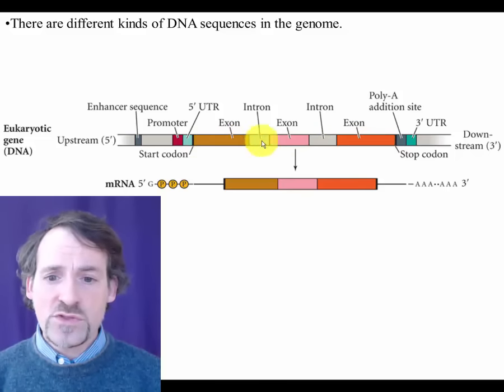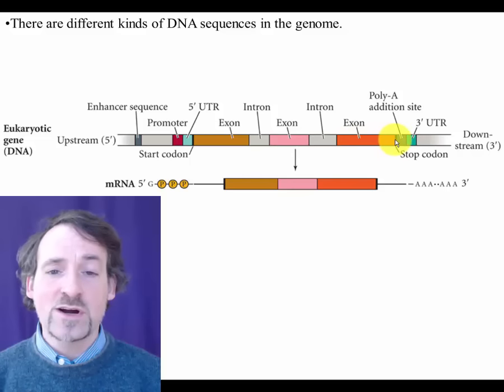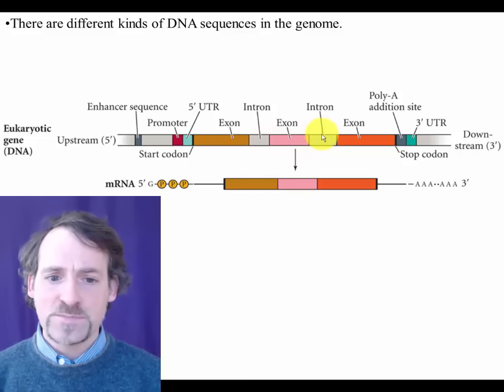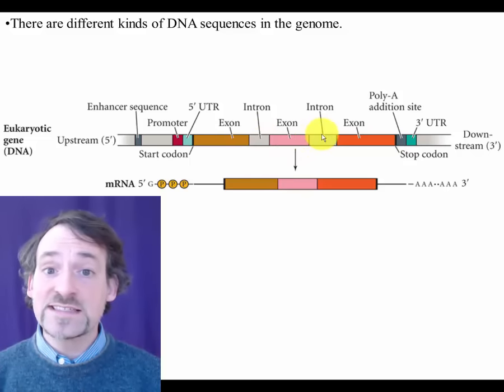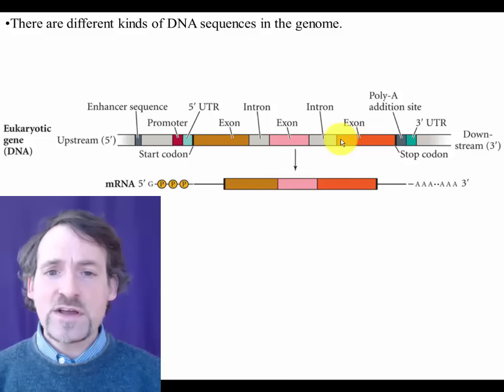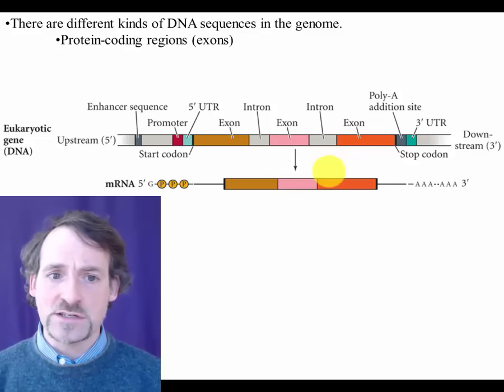Okay, this whole thing gets made into RNA, and then certain parts of it get cut out. So what actually gets translated into protein are these parts called exons. Okay, so we've got 3 different types of genetic sequence here. There are protein coding regions.